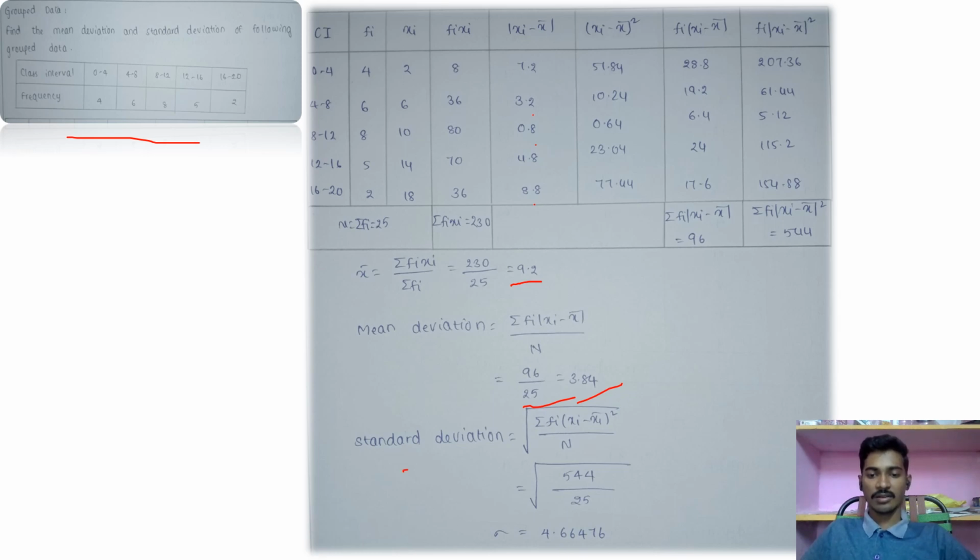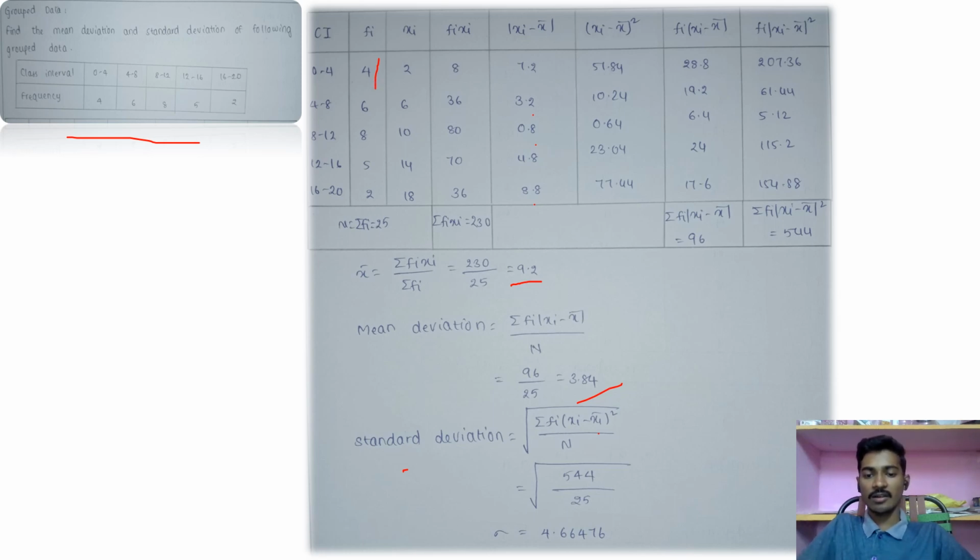To find the standard deviation, we have to find the value of sigma fi into xi minus x bar whole square. To find the numerator value, first we have to square the value of xi minus x bar, that is 51.84, 10.24, 0.64, 23.04, 77.44, and we have to multiply it with the corresponding frequencies.